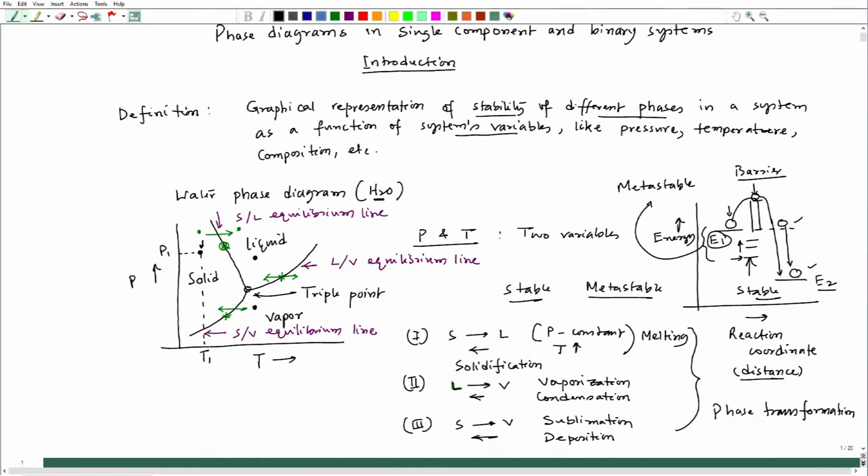Okay. So, now come back to this definition: stability of different phases in a system. This is the water phase diagram, I am talking about the water system, and it has different phases, which are marked and separated by boundaries, and those boundaries are basically two-phase equilibrium boundaries. So, both the phases will coexist under stable condition.